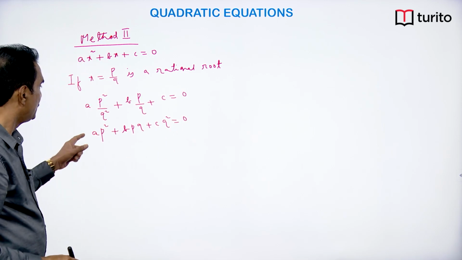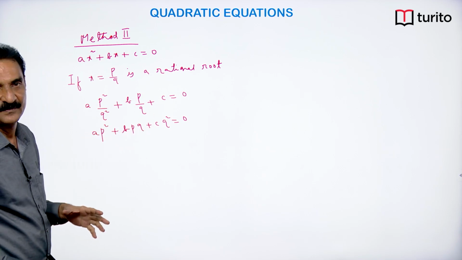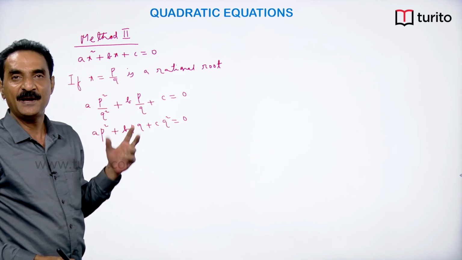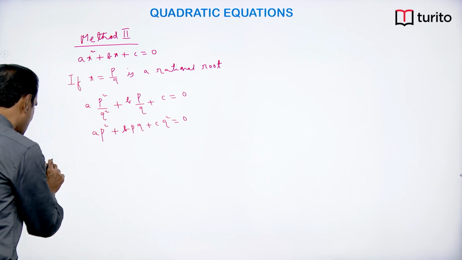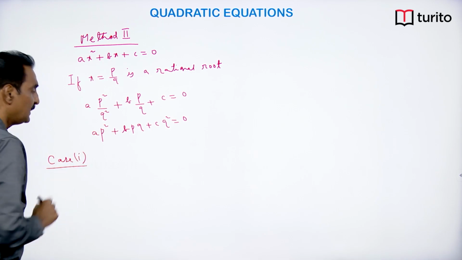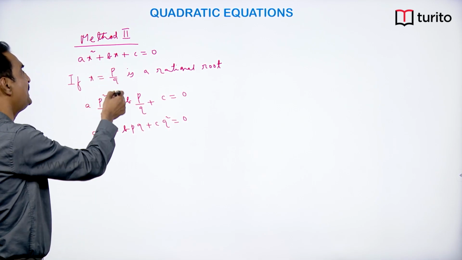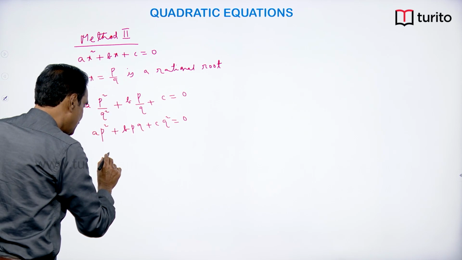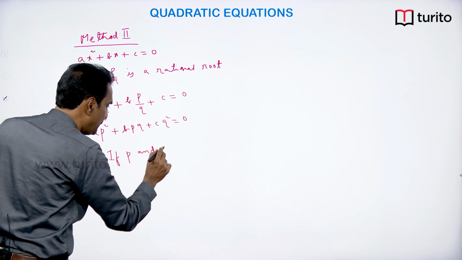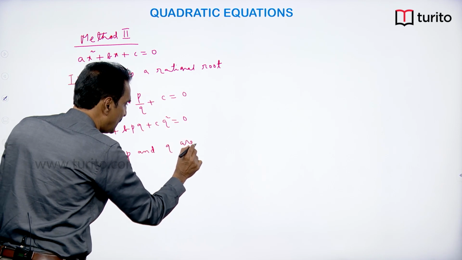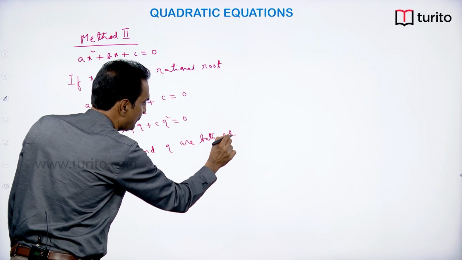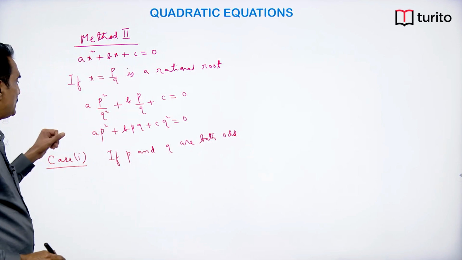Now, given a, b, c are odd, what about p and q? Let us take cases. p and q are integers. Case 1, I will take p and q both odd. If p and q are both odd, then what happens?